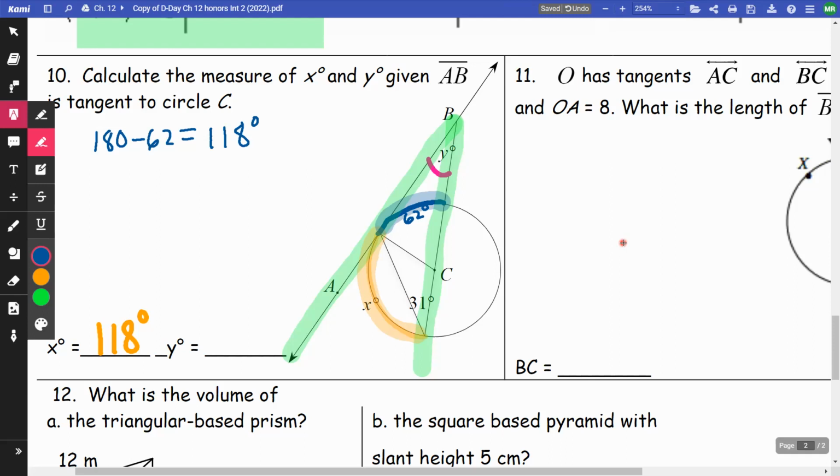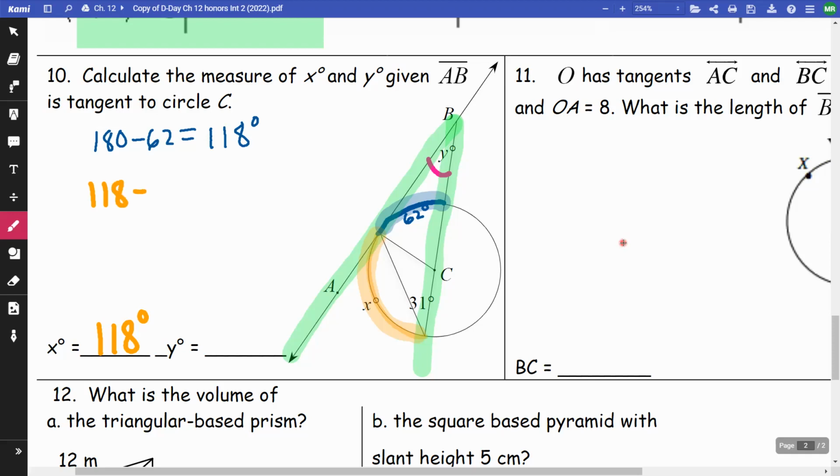So when you have basically an angle or two secants, well, a secant and a tangent, I guess we have. But if you have two lines like we do here from outside of your circle, what you can do is take the two arc measures that are formed. If this was from inside, I would add them, divide by 2. When it's outside, I subtract them and divide by 2.